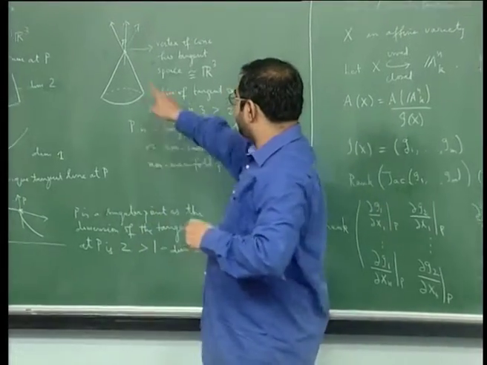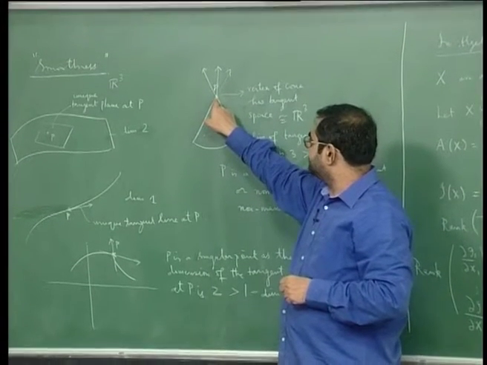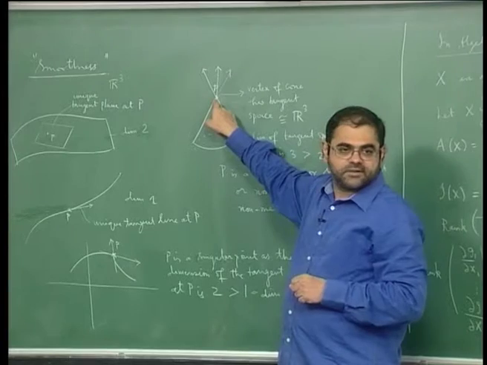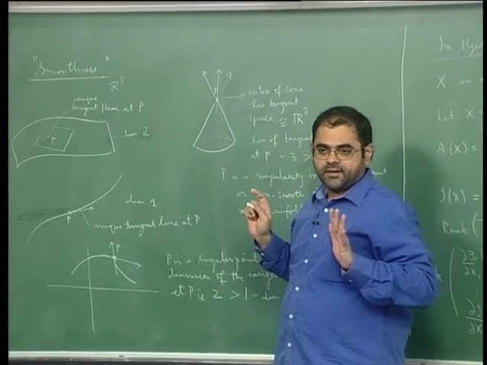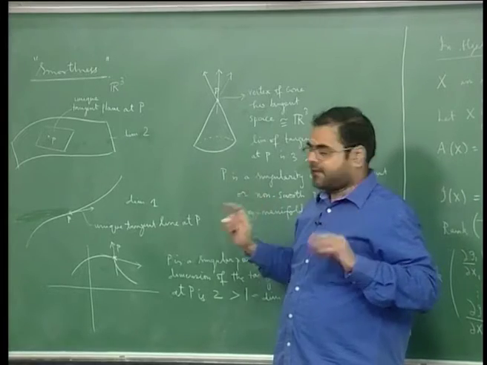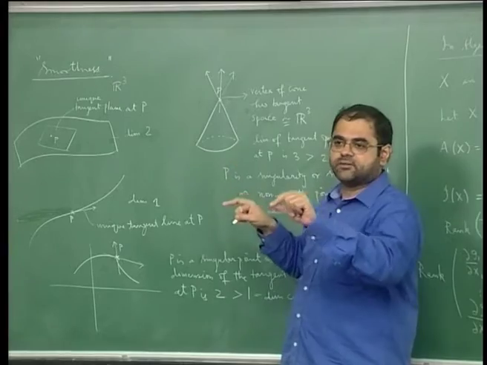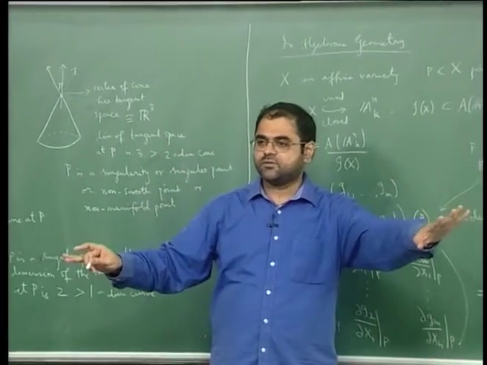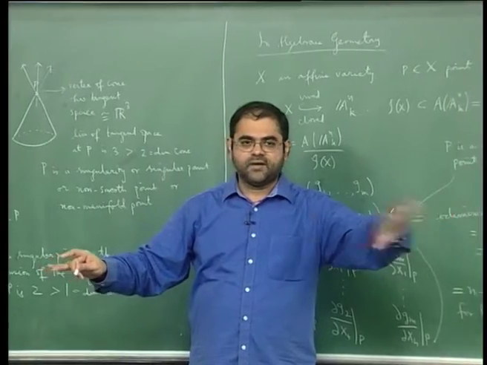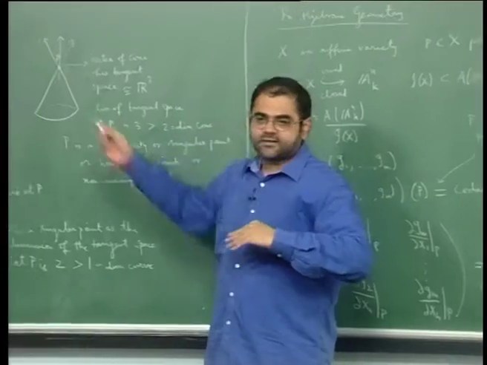Something like a cone: if you throw away the point which is the vertex of the cone, the rest of it is all smooth, and that is a dense open set, and the boundary is this point which is a singular point. So a variety also looks like that: there is a big open set full of smooth points, the analog of a smooth object in analysis.